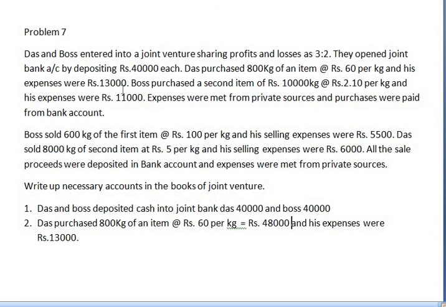Now come to the third transaction. Boss purchased a second item of 10,000 kg at rupees 2.10 per kg and his expenses were rupees 11,000.